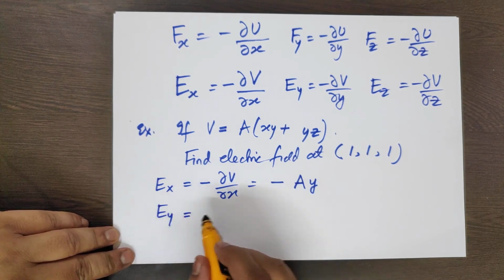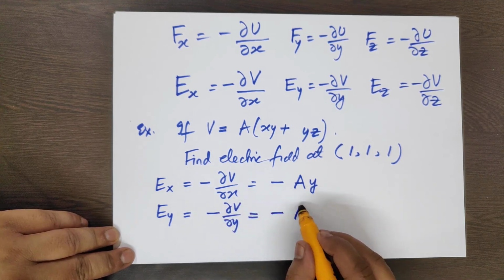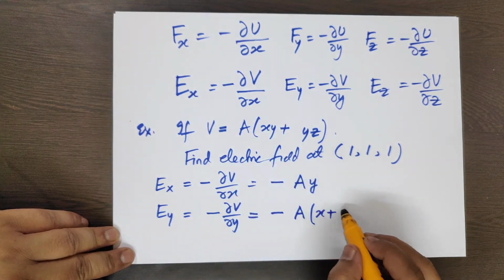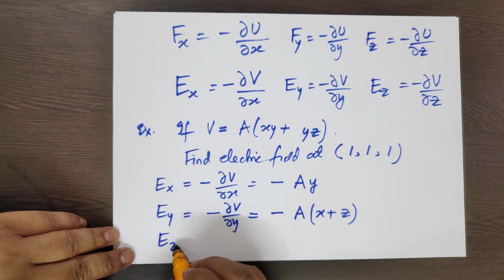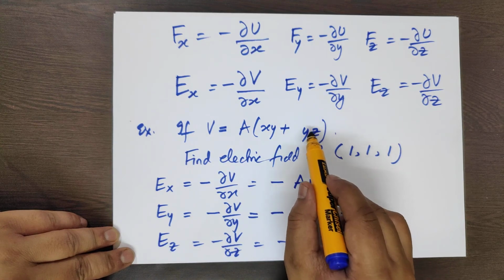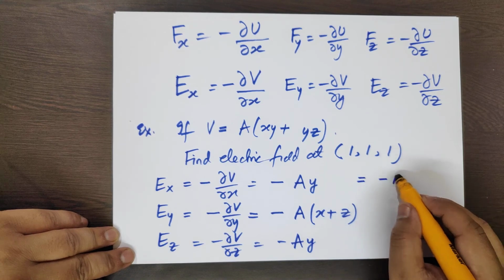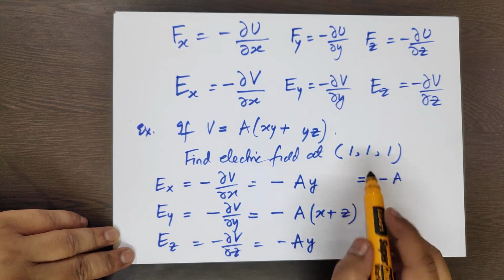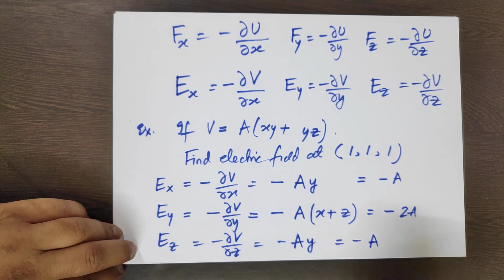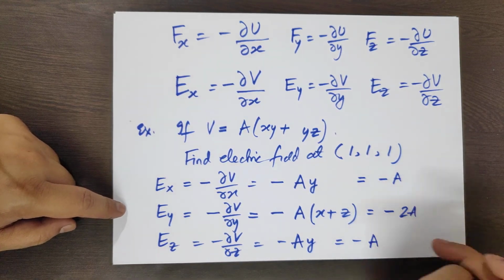Similarly, Ey equals minus del V by del y, that is minus a times (x plus z). Now Ez equals minus del V by del z equals minus a times, differentiating, that's y. So, you get this as minus a, that is, since x, y and z are each 1, minus 2a, and this is minus a. So you can find the magnitude by the square root of the sum of the squares of these three.